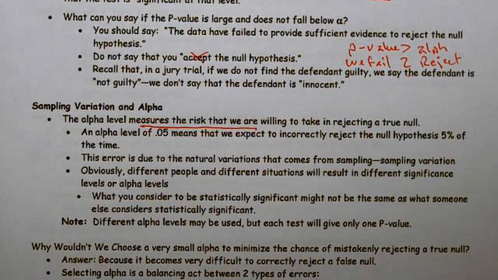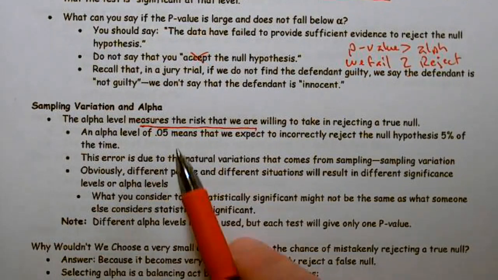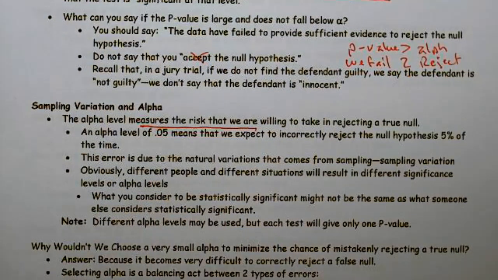And so if we set an alpha level of 0.05, it means 5% of the time we're going to reject the null, but we shouldn't have. But if we knew that, we'd go back and fix that. It's kind of like if you know you're missing a question, you'll go back and fix it if you know the answer. But we don't know that we made an error. It just happened by random chance that we got data that looked like this and we rejected when we shouldn't have.